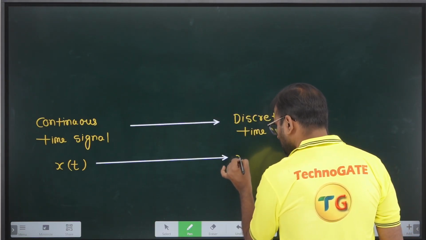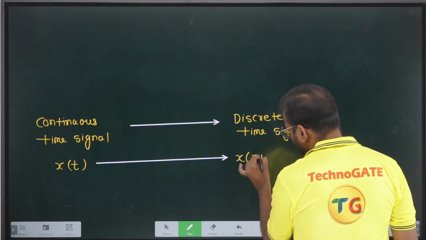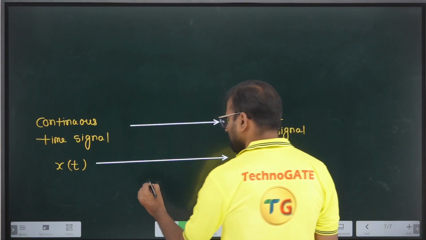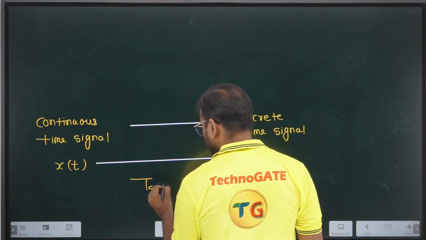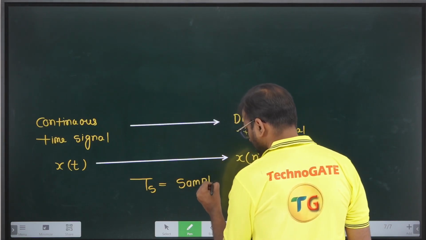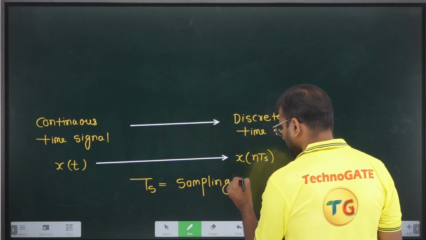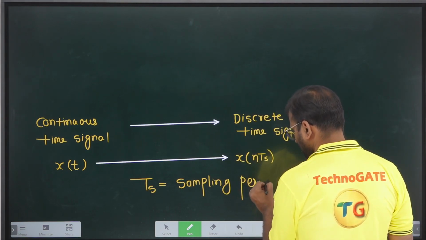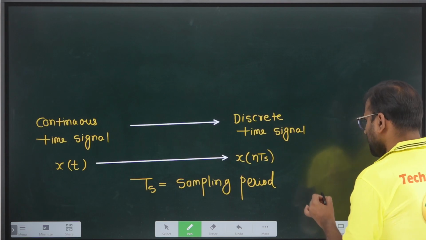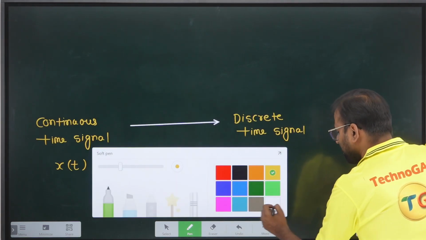Let me give you a bit of graphical representation of what we are doing. Ts is known as sampling period, and 1 by Ts is known as sampling frequency.